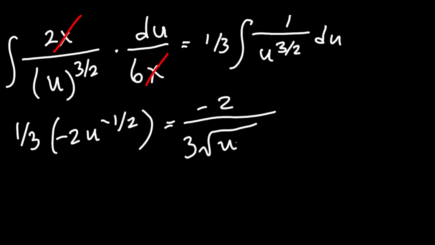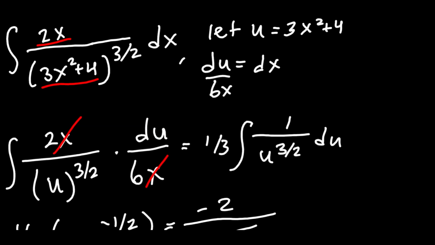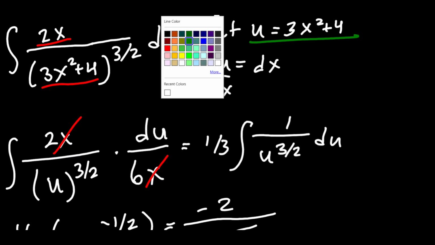Our answer does not ask for this specifically. Our original integral, if you look up here, asks for this function with respect to x. So what we have to do is reference our u substitution that we made earlier and simply plug back in 3x squared plus 4 for u.